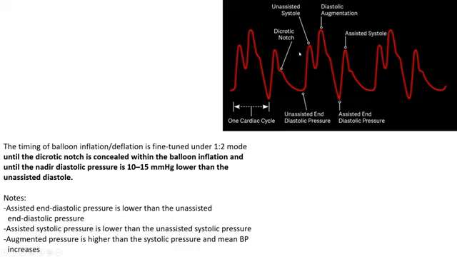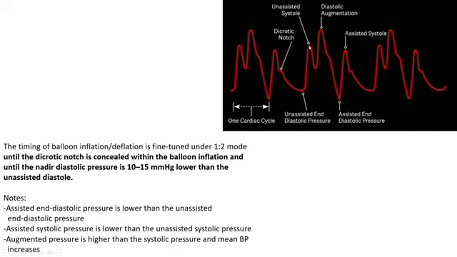So here you're getting a systolic pressure, you're getting augmentation, and you're getting what we call the assisted end diastolic pressure and assisted systolic pressure. Those two pressures that follow augmentation are what we call the assisted pressures, okay? Conversely, in 1-to-2 or 1-to-3 modes, the systolic and diastolic pressure that precede augmentation are the unassisted ones.